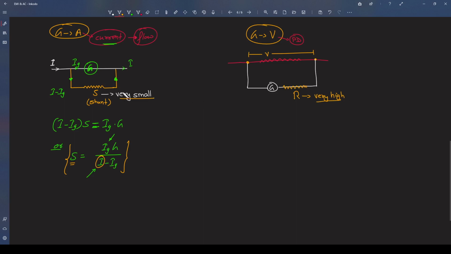So why it is very high here, why it is very small here, I guess you already know now. In the first case, the galvanometer should not consume the current. So we are giving a bypass to the current in which the resistance is very low. In the second case, galvanometer again should not consume most of the current. So that's why with the galvanometer we have attached a very high resistance.